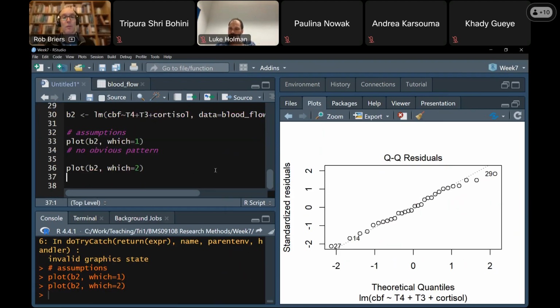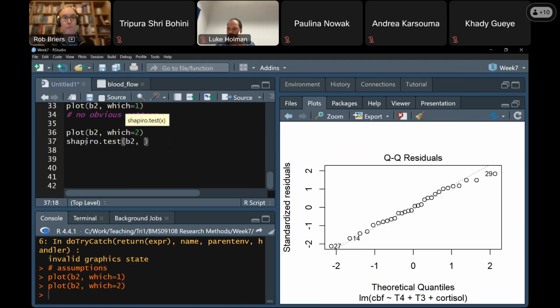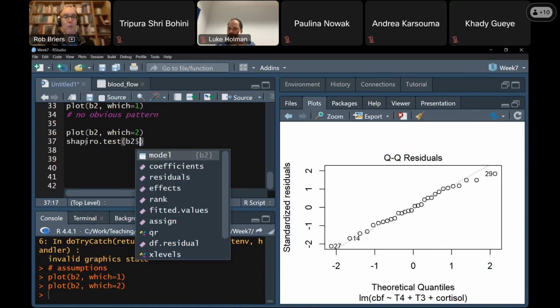So that's our normality of residuals plot. Those look better even than the last one. They're quite close to the line. They're still a little bit off up here, but they're pretty close to that line. And we'll do the Shapiro test to the residuals.